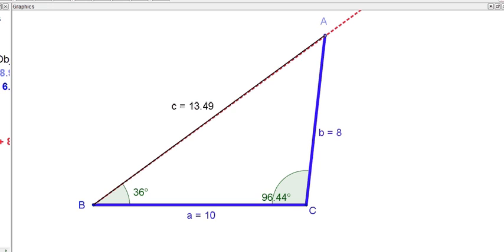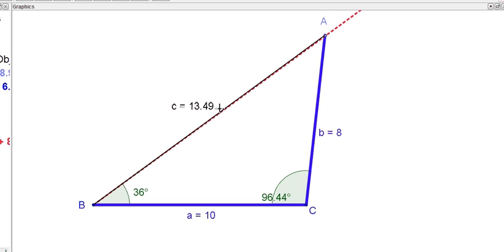I made a triangle here fitting those specifications, so B again being 36 degrees, its opposite side, side B, being 8 units, and then side A, opposite angle A, being 10 units. Those specifications are fixed on this triangle.